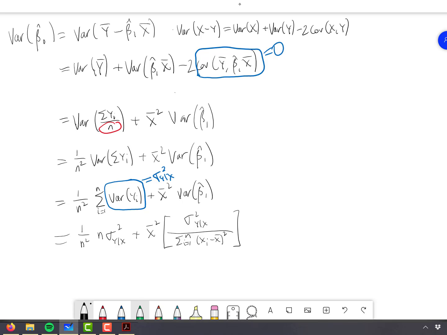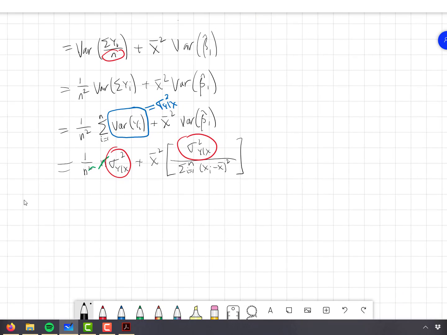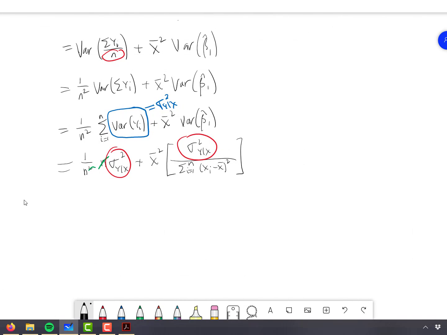At this point we can note a few things. One is that we have an n and n squared, so we can simplify by canceling that 1 n and taking our 1 over n squared to be 1 over n. The other thing is that we have a sigma squared y given x in both parts of our equation, so we might want to pull that out to make it a little simpler. Let's pull our whiteboard down a little bit to give a little more room.